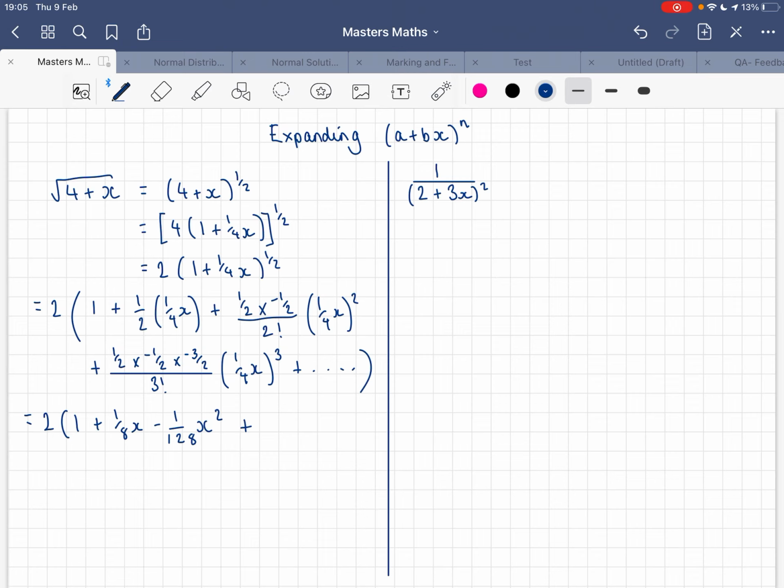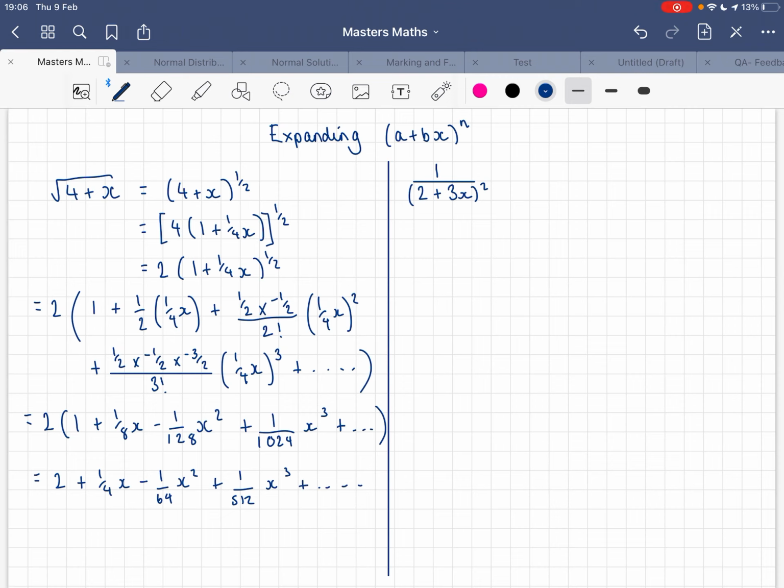And then when we expand the cubic term, we get 1 over 1024 x cubed. And again, that could continue forever if we wanted it to. Then we multiply in the 2, giving us 2 plus 2 over 8, which is a quarter x, minus 2 over 128, which is 1 over 64 x squared, plus 2 over 1024, which is 1 over 512 x cubed.